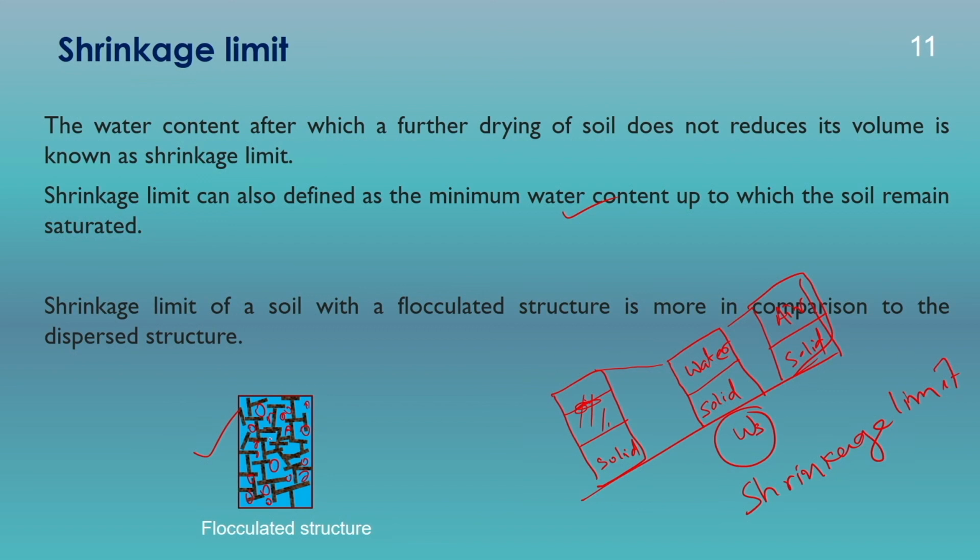So, any soil which exhibits a flocculated structure can hold a large amount of water, and if we dry the soil further, then the volume of the soil will not decrease beyond this volume. Therefore, the shrinkage limit will be higher for this soil. Hence, we can say that a soil exhibiting a flocculated structure will have a higher value of shrinkage limit in comparison to a soil exhibiting a dispersed structure.